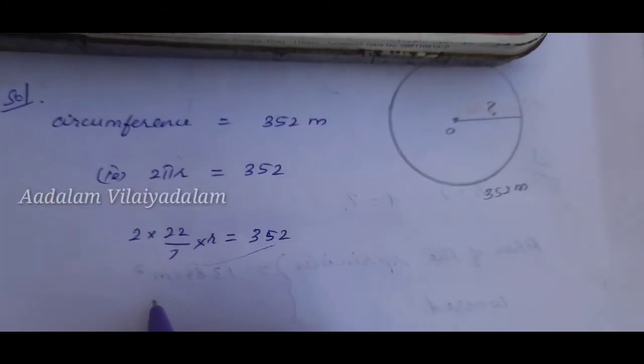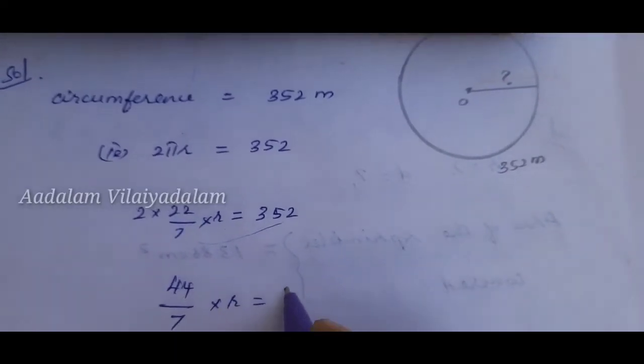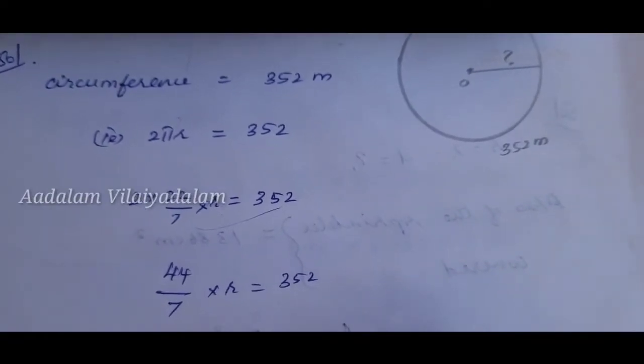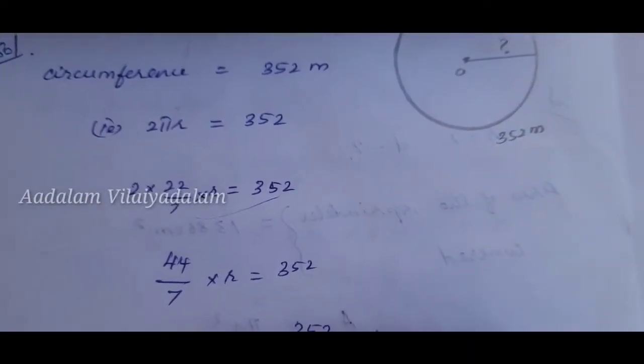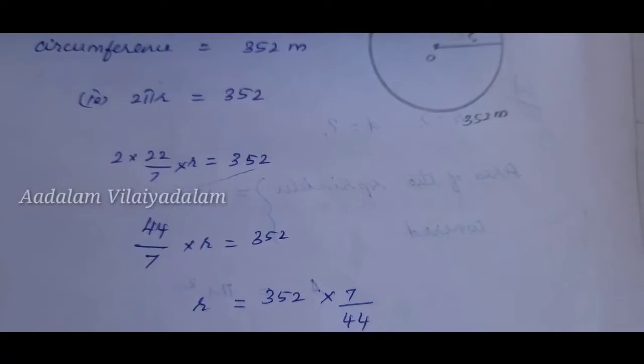Now we will have the value 44 divided by 7 into r equal to 352. Let us keep the unknown value this side and take the remaining value other side. Then into 7 by 44 we will get, or you can write 22 into 2.